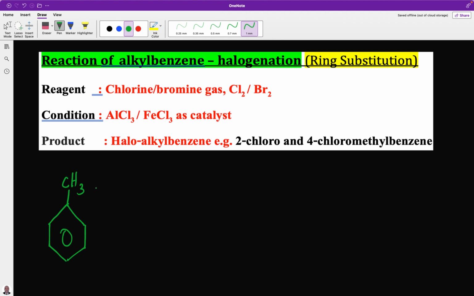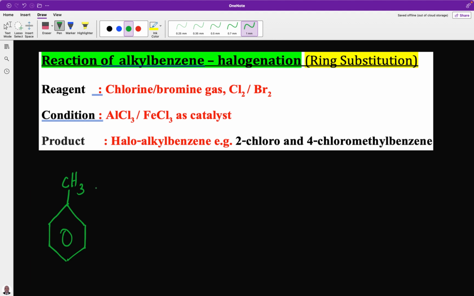This is methylbenzene. In methylbenzene, the methyl group is electron donating.